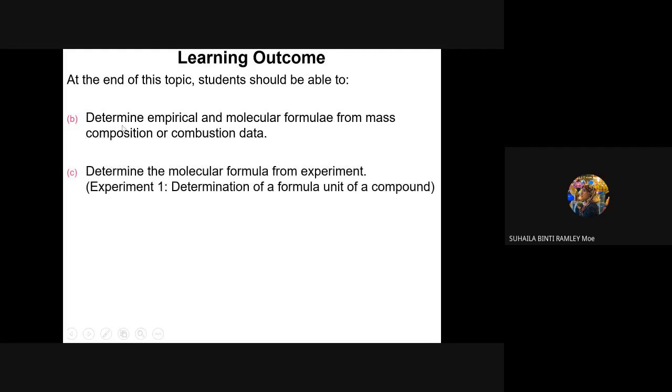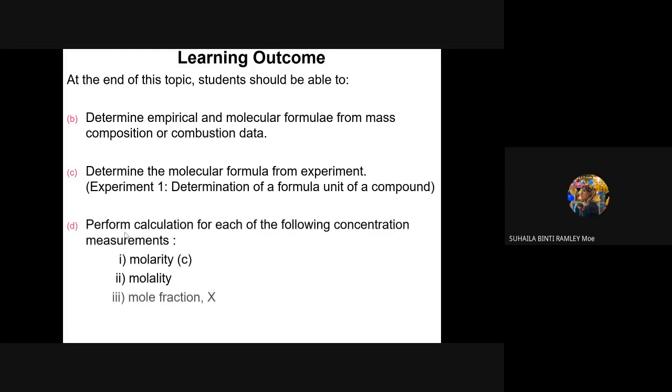Here we need to determine, which means we calculate empirical and molecular formula. You will also determine the molecular formula from experiment. You have experiment 1, but experiment 1 we do after the practical assessment because we start with experiment 2. Then calculate these 5 concentration measurements.